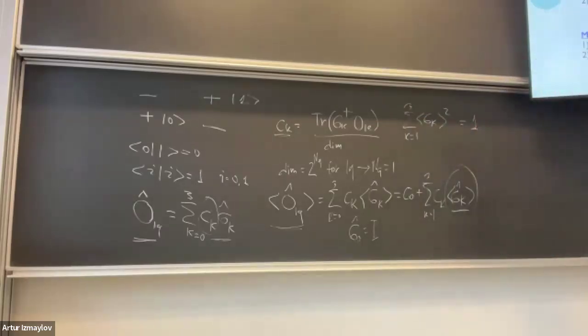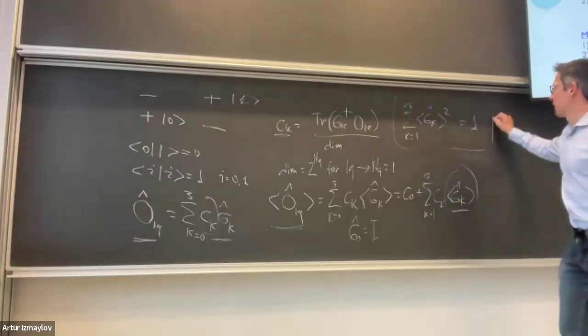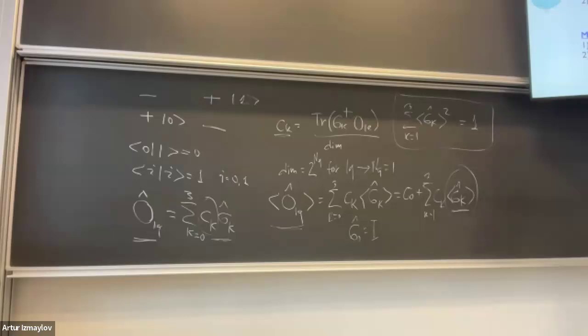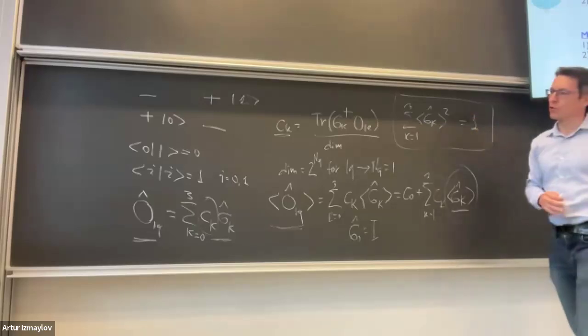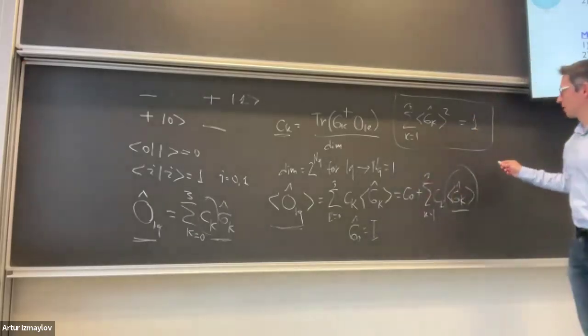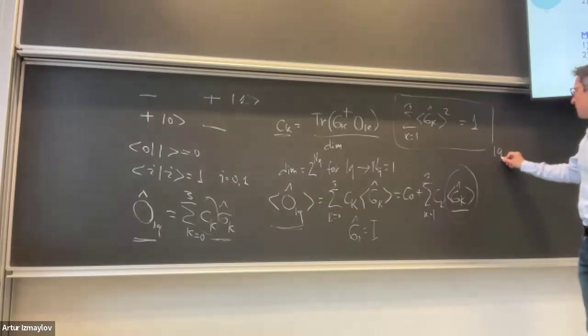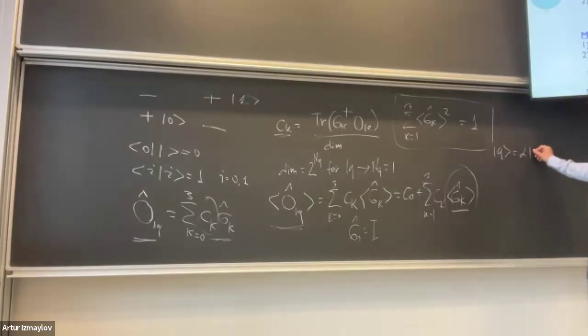This is an exercise: if you put in a one qubit state, which in general is alpha 0 plus beta 1, for any alpha and beta that satisfy normalization, then this will be true.